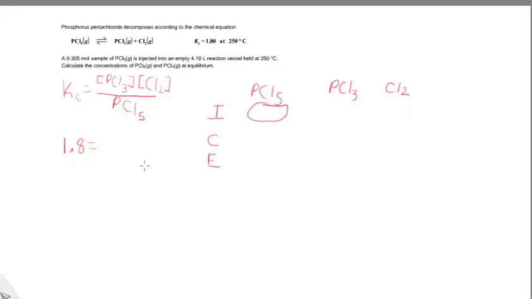Okay, but what we need to keep in mind is 0.305 is the number of moles, and that is in 4.1 liters, so the concentration is 0.0744. Okay, so I want to use concentrations. It's going to make my life easier at the end.